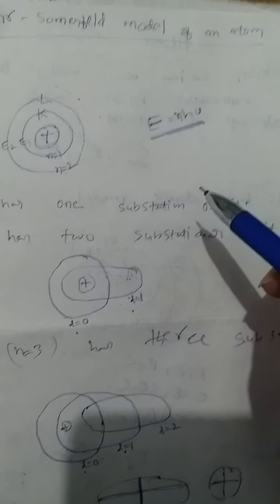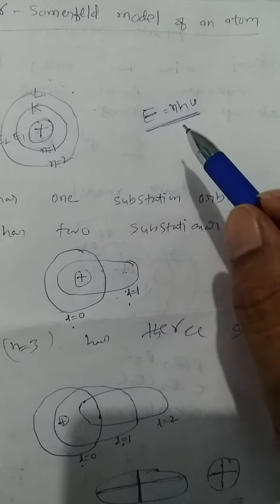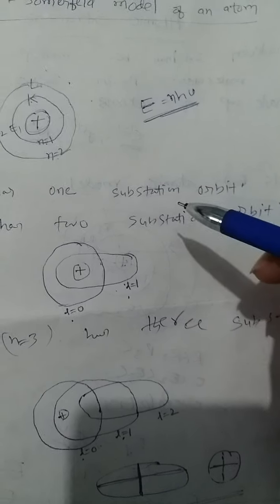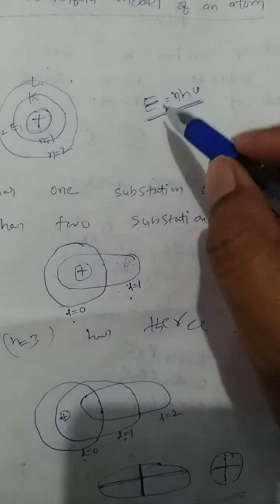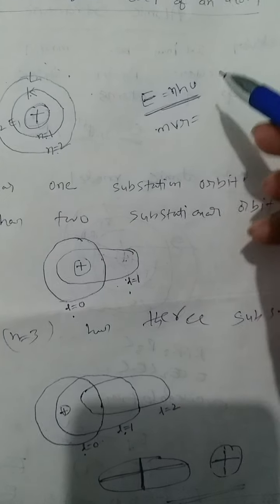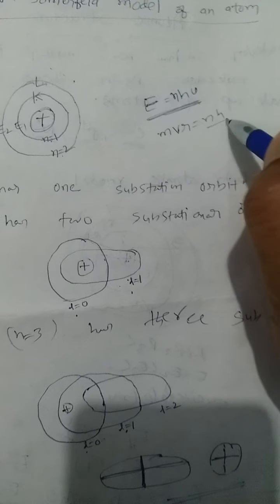The reason for this quantization of energy was not explained by Bohr, but by Sommerfeld. According to Sommerfeld, the angular momentum of an electron is also quantized.